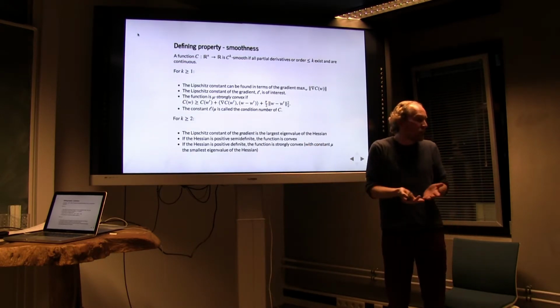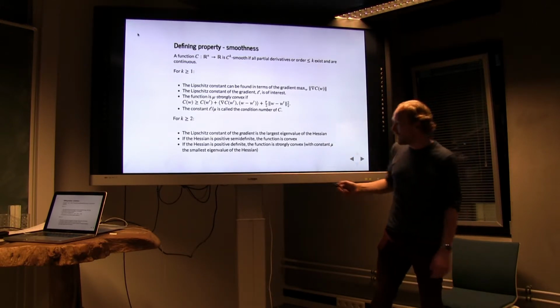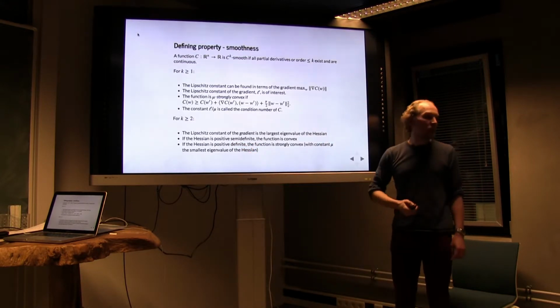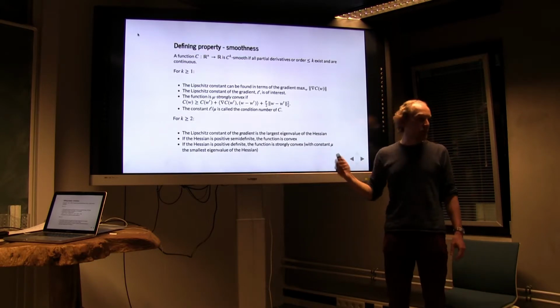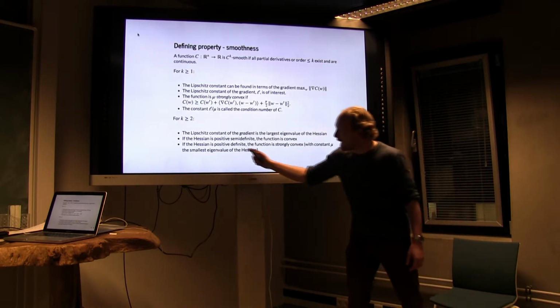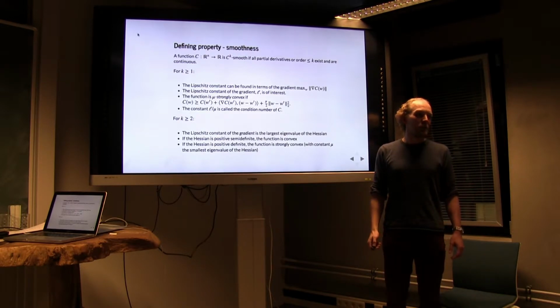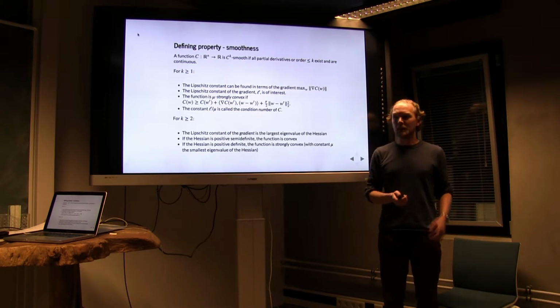The second derivative is positive, so obviously the function is convex. If the Hessian is positive definite, so it's not zero, it's really positive, then the function is strongly convex, with constant mu being the smallest eigenvalue of the Hessian. But then again, this is the smallest one over everywhere in space.